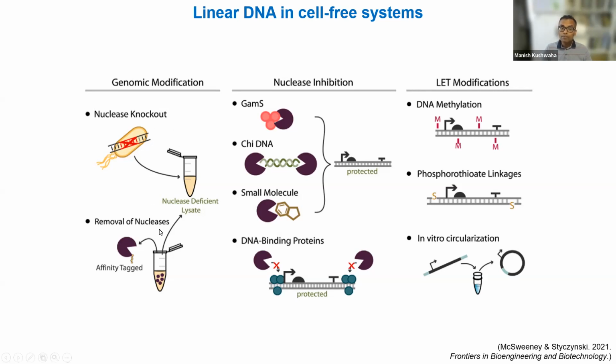Or you can remove the nucleases by affinity tagging them, pulling them down and removing them from the lysate. Alternatively, you could use proteins that bind the ends of the linear DNA and protect them. So gamma is an important protein that will bind to the exonuclease complex and therefore prevent it from degrading your DNA.